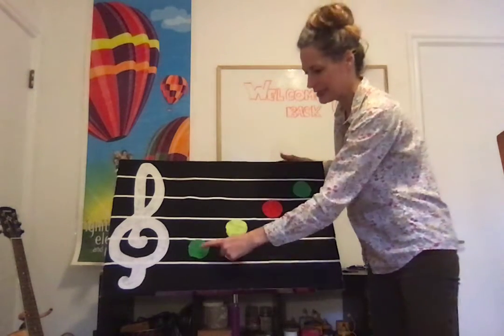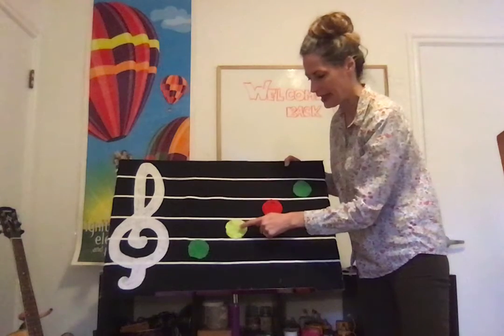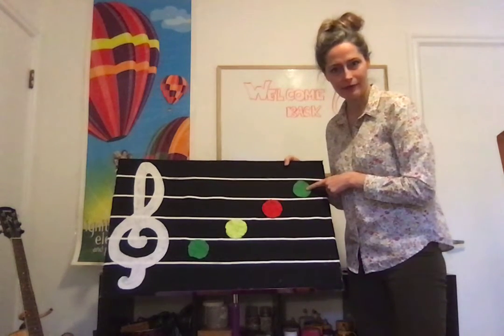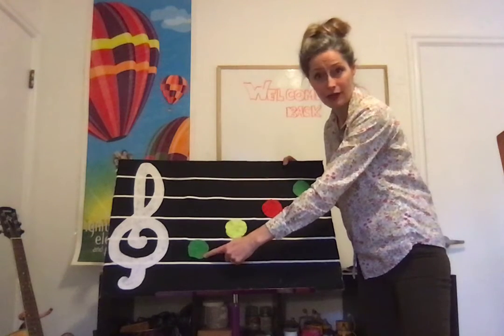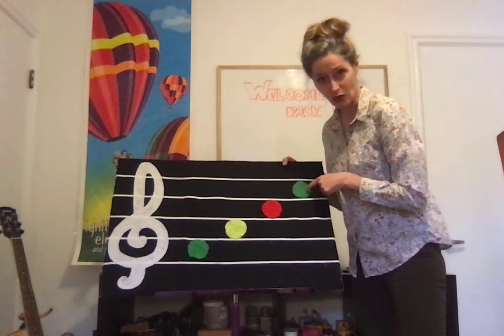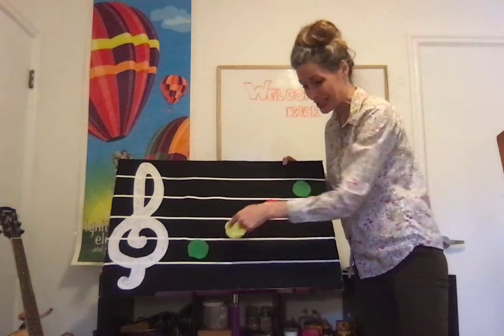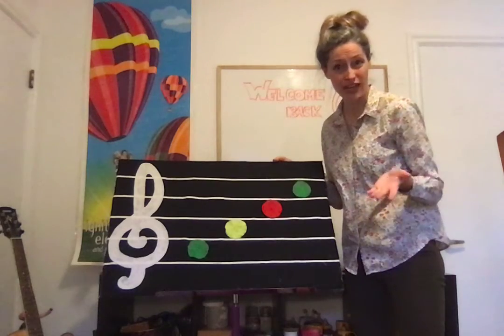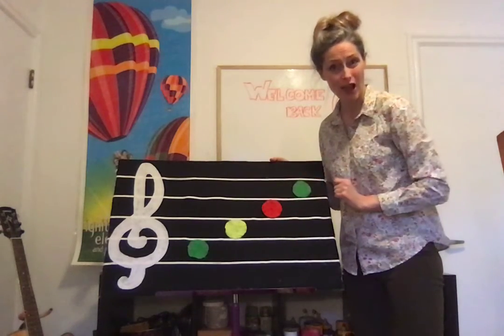So I'm giving you a hint. F, A, C, E. I'll say it again. F, A, C, E. So these music notes in the spaces spell face. And the nice thing is that face and space rhyme.